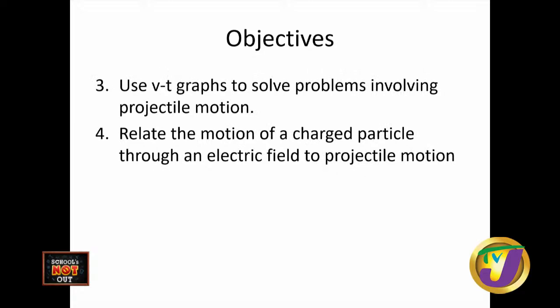And use the velocity time graphs to solve problems involving projectile motion. And then we'll go over to electricity and magnetism, and relate the motion of a charged particle through an electric field to projectile motion.